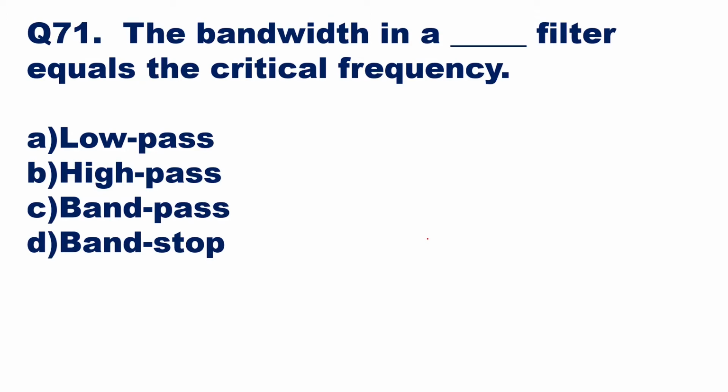The bandwidth in a dash filter equals the critical frequency. So the critical frequency here will be the cutoff frequency. If you see the frequency response, this is gain and this is frequency. This is the pass band and this is the stop band, and this is your cutoff frequency.